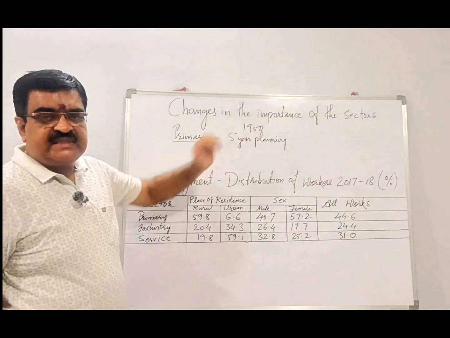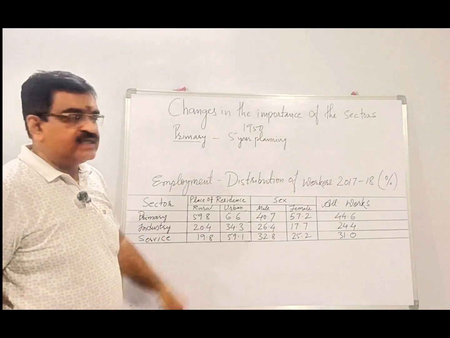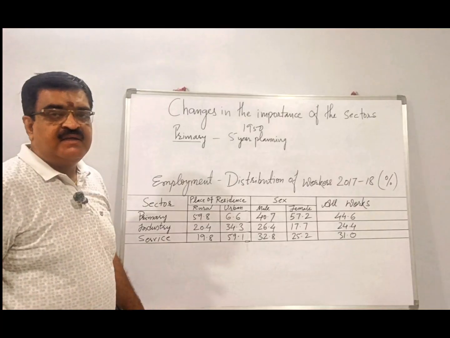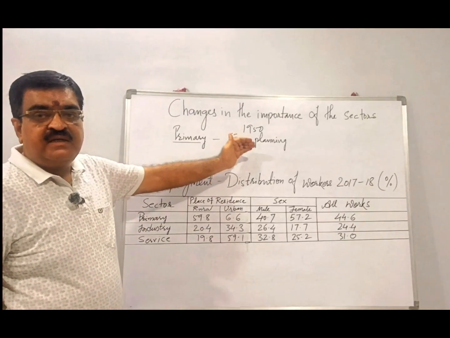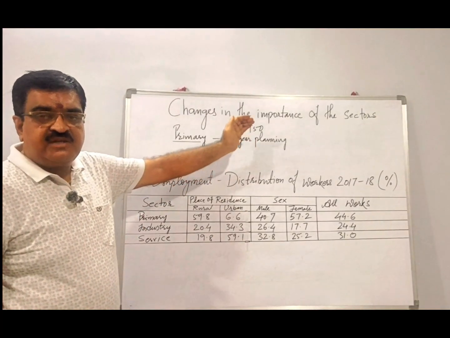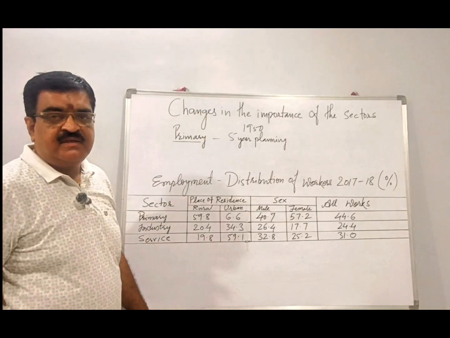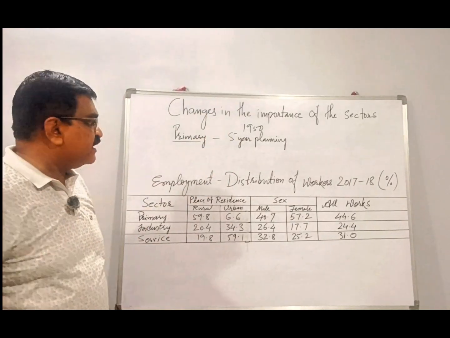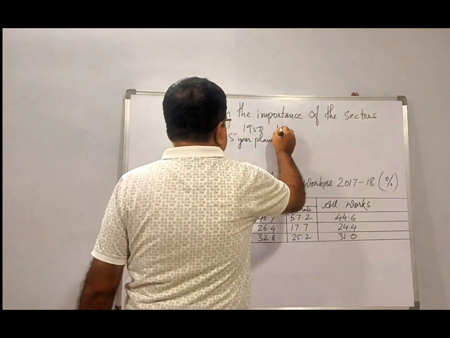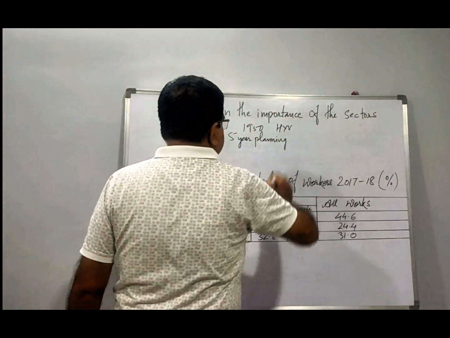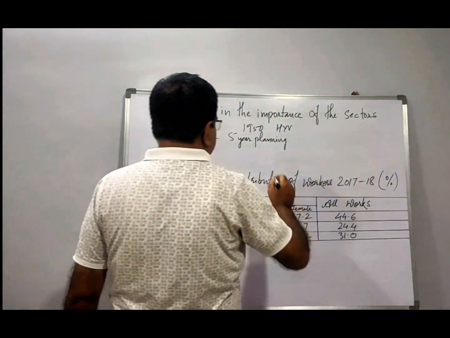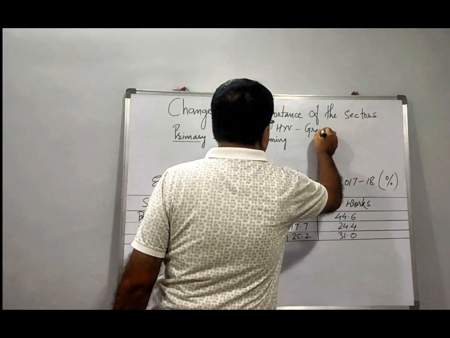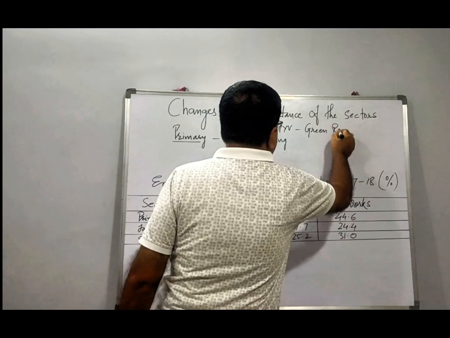The government has started financing the development of the primary sector, and there was a heavy change in the primary sector. That is the implementation of new technology like HYV seeds, high yielding variety seeds, as well as the green revolution.